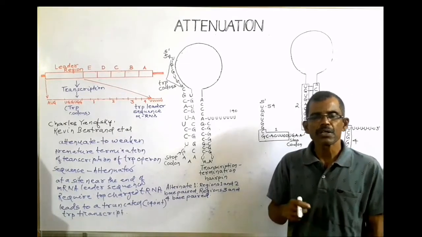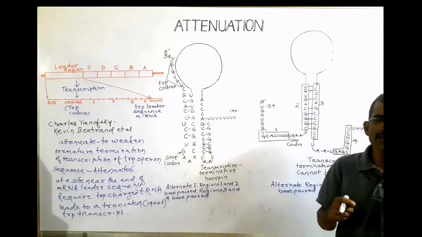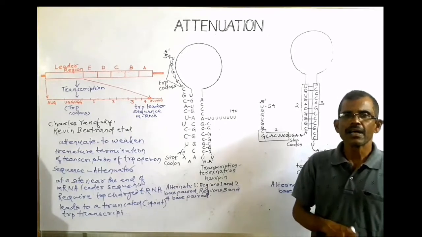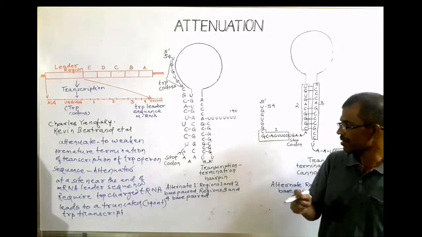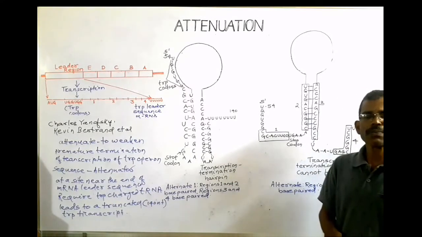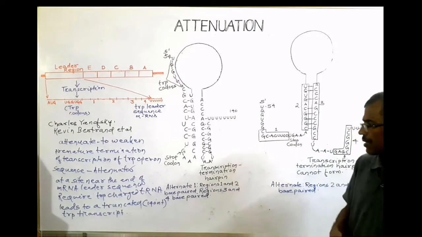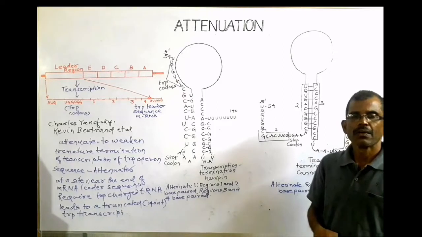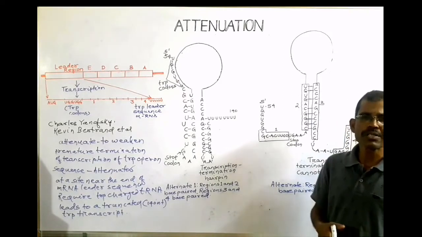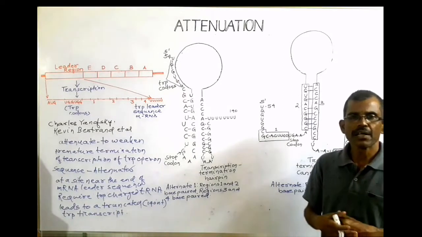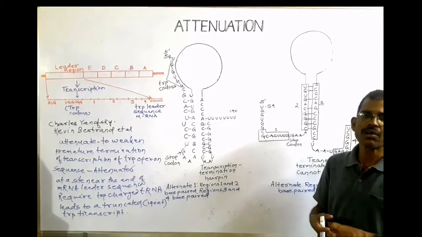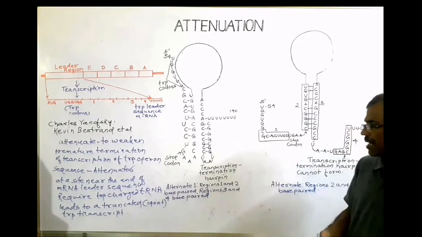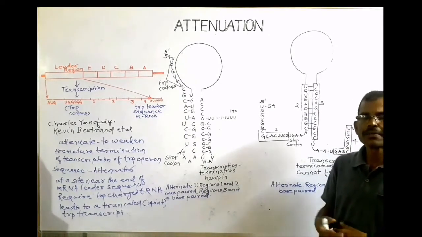The premature termination occurs at a site near the end of the leader sequence. The process of attenuation requires tryptophan charged tRNA. Whenever attenuation occurs, that leads to synthesis of a truncated mRNA.